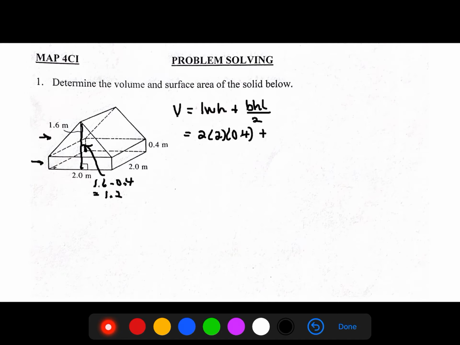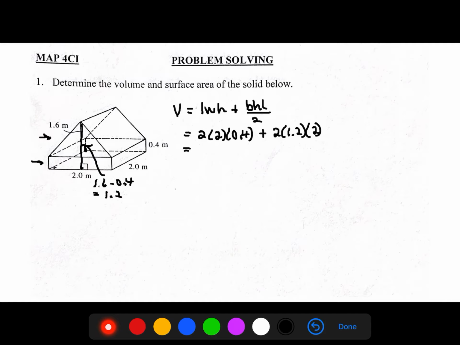So the height of our triangular prism is just going to be 1.6 minus the 0.4. So just the triangle is going to be 1.2 for the height. So we're going to have our base of 2 times our 1.2 times our length, which is 2.